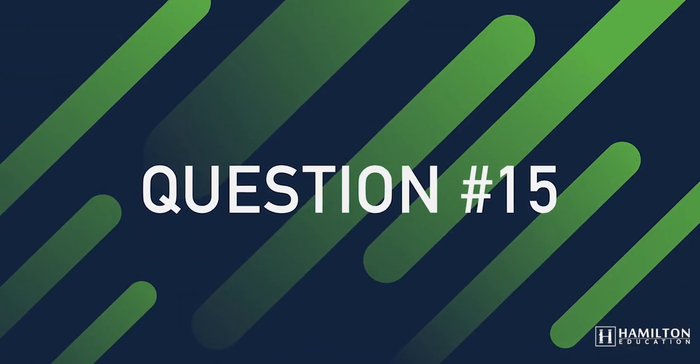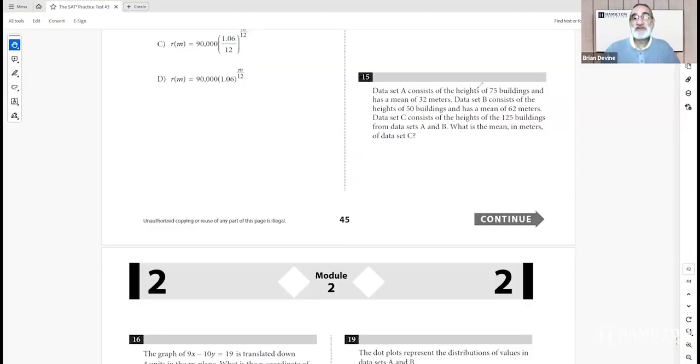Question 15. Data set A consists of the heights of 75 buildings and has a mean of 32. So if I take 75 times 32, that's the total of all of those building heights added together. And data set B consists of 50 buildings and has a mean of 62.